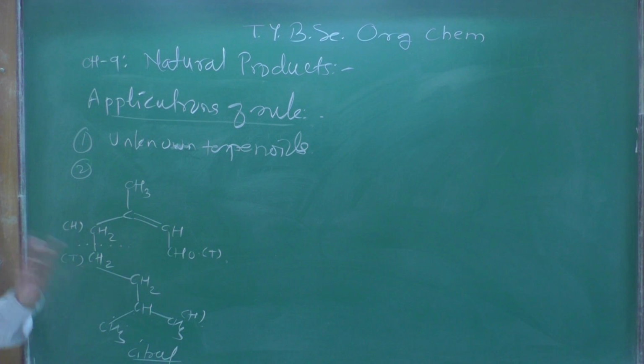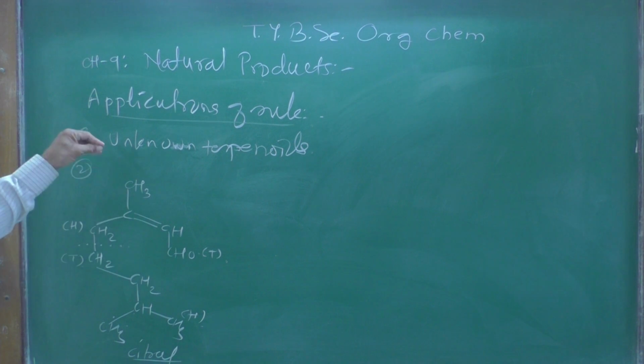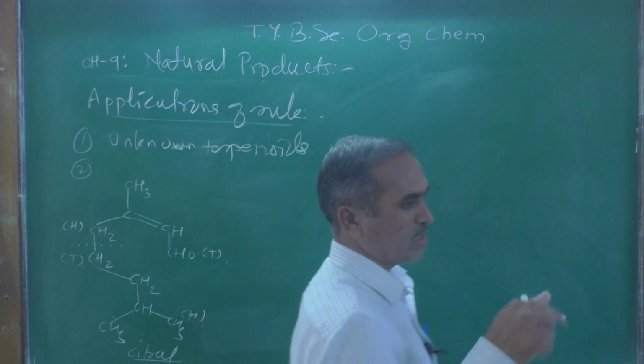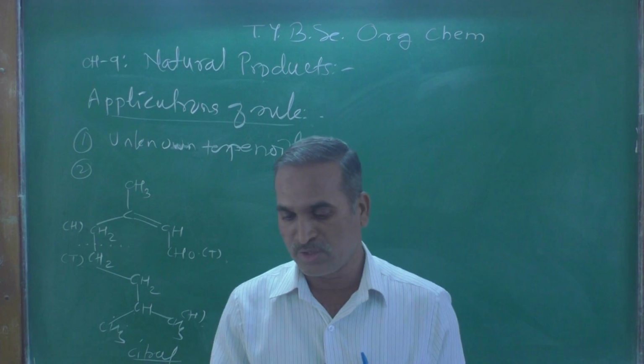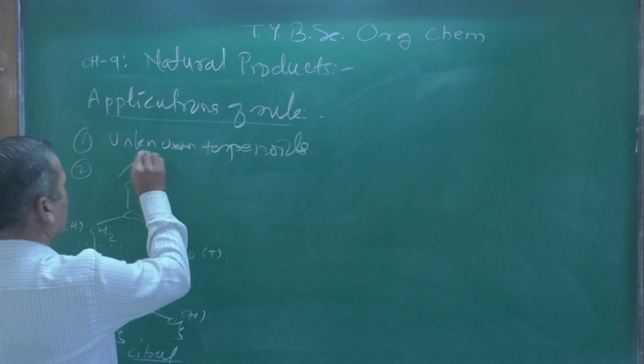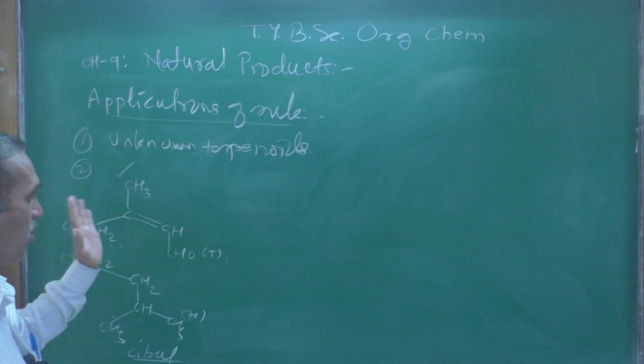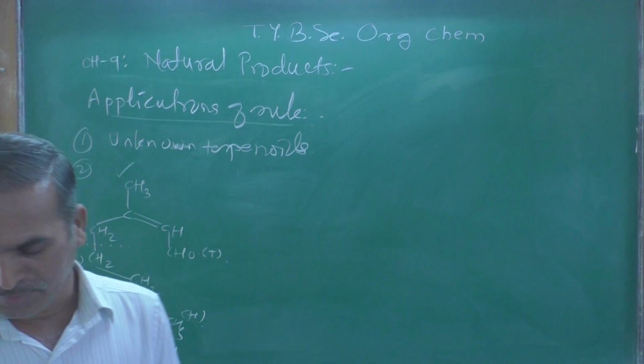This is an unknown structure, let us consider, but it follows the isoprene rule as well as the special isoprene rule, and therefore this citral is a natural product. So this is one example.